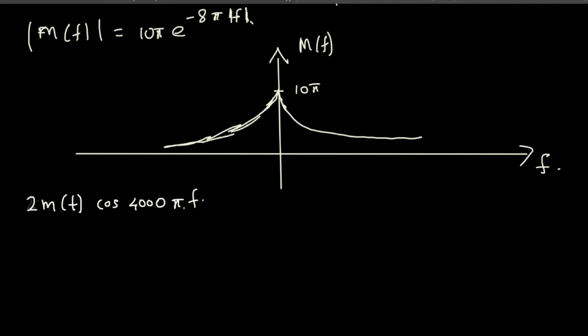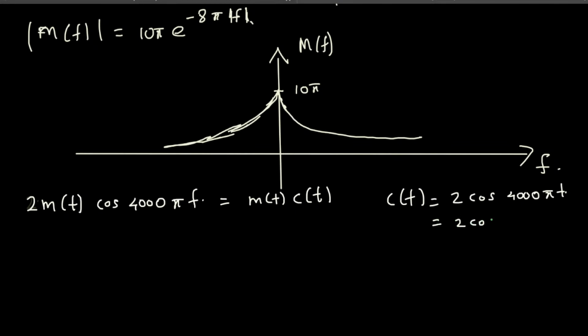and you know, when we have a DSB-SC signal, that contains m of t and c of t, and if I remove this m of t part, then the rest will be c of t. In this case, that is 2 cos 4000 pi t, which you can write as 2 cos 2 pi times 20,000 t as well.